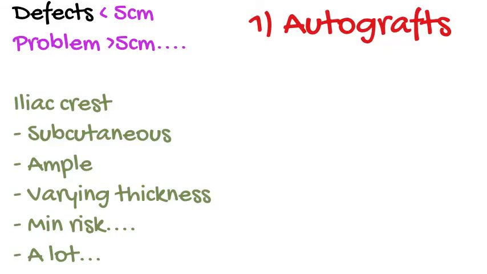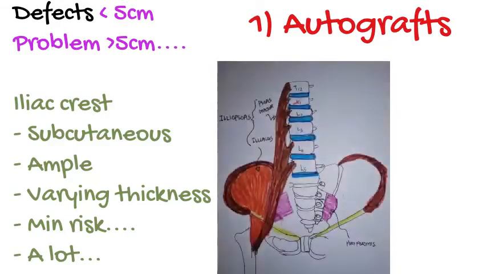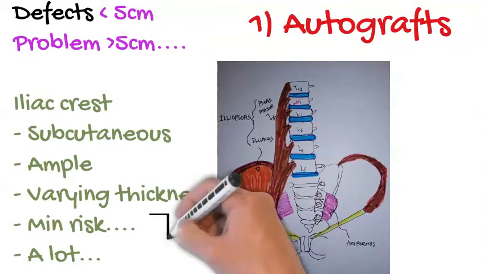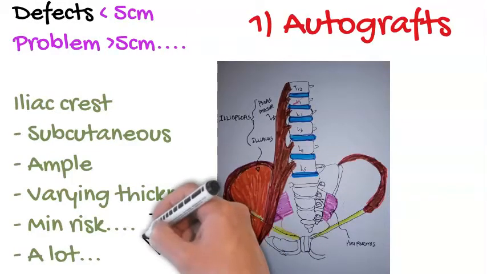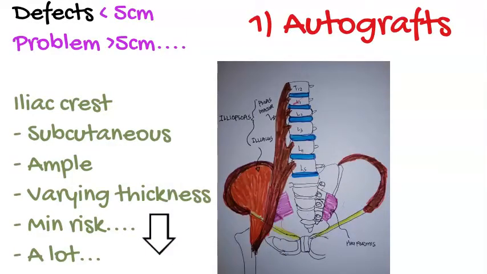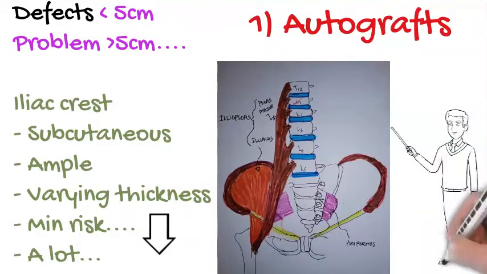Iliac crest is an ideal source of bone graft because it is relatively subcutaneous, it has ample cancellous bone, it has cortical bone with varying thickness, removal of bone carries minimal risk, usually no significant residual disability. A large cancellous and corticocancellous graft may be obtained from the anterior superior iliac crest and posterior iliac crest.